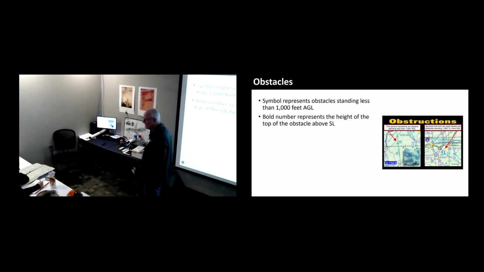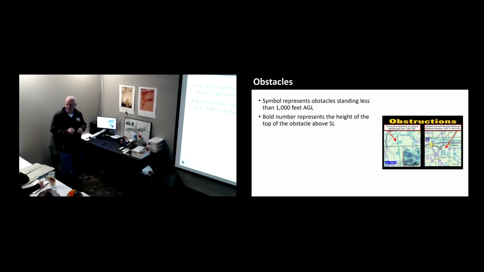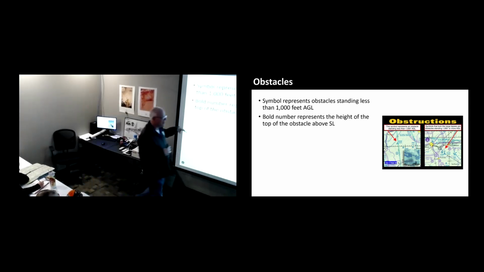Okay, so that's the key number. The bottom number in the parentheses is essentially the height of the obstacle above ground level. Okay, so if you're flying along at 632 feet, when you hit that, you're going to fall 302 feet to the ground. Okay, that's the way to look at it.